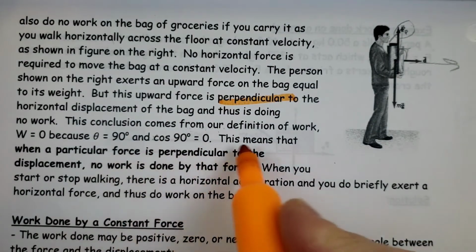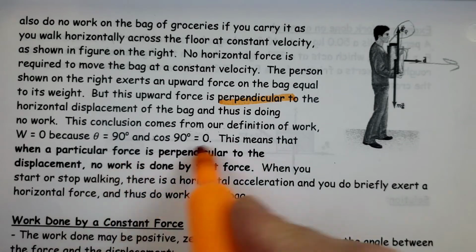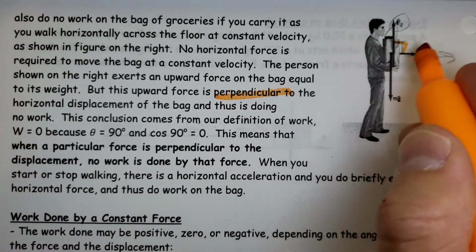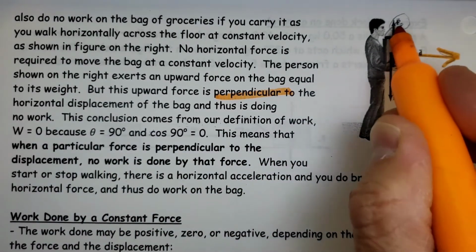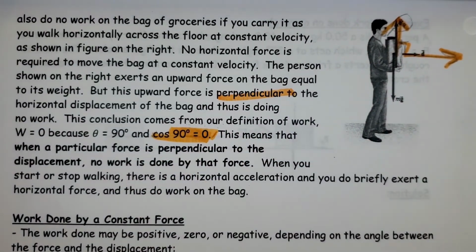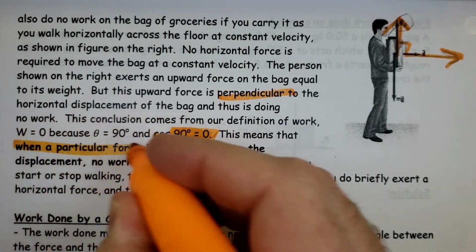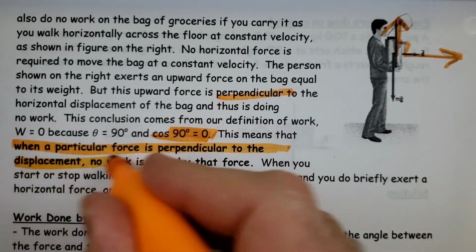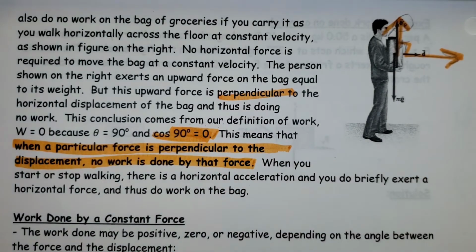This conclusion comes from our definition of work, because that angle is 90 here: D is this way, the force I'm exerting is upwards, and the cos of 90 is 0. So no work is being done when the force is perpendicular to the displacement of movement.